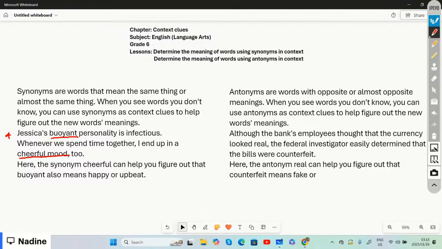And then we have antonyms, right? Antonyms are words with the opposite meaning or almost the opposite meaning of a specific word. So antonyms, once again, are words with opposite or almost opposite meanings.